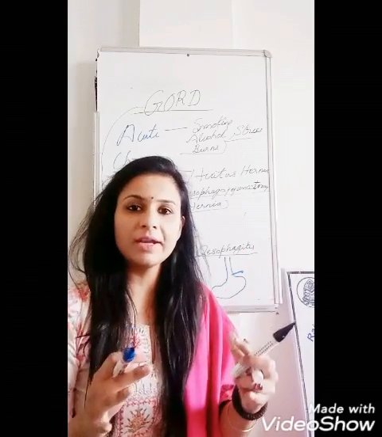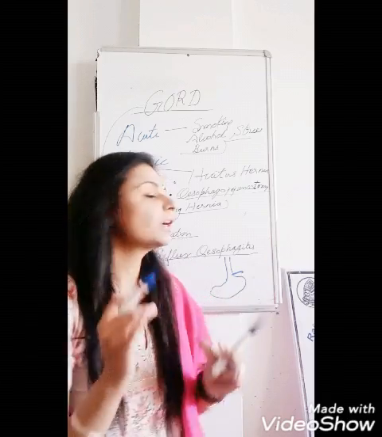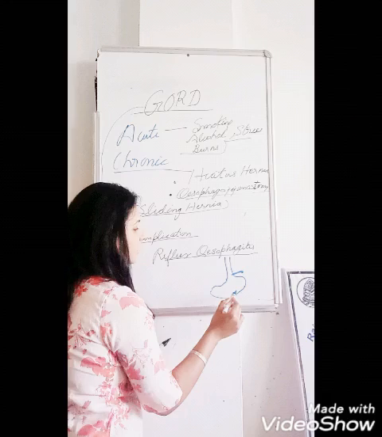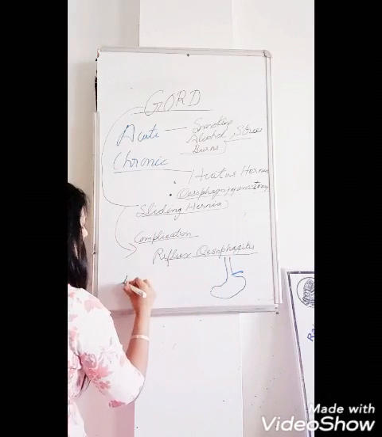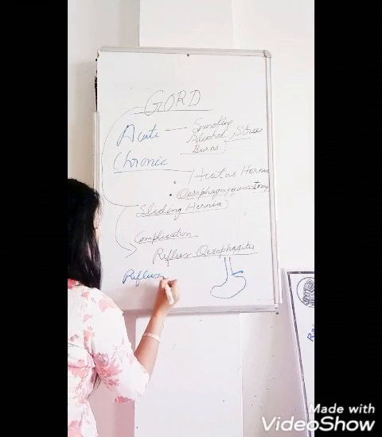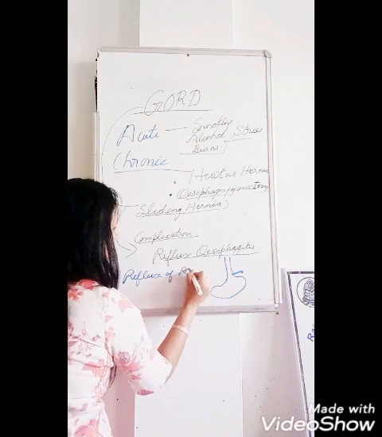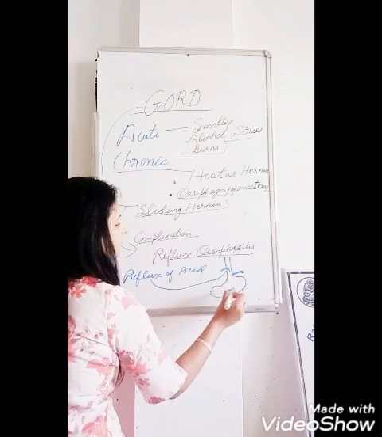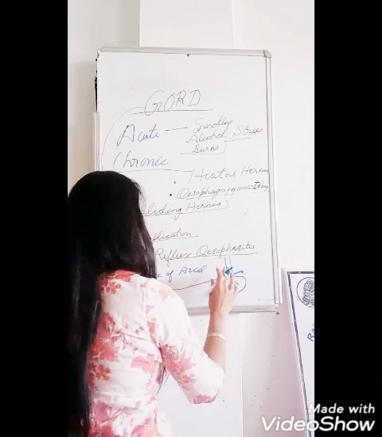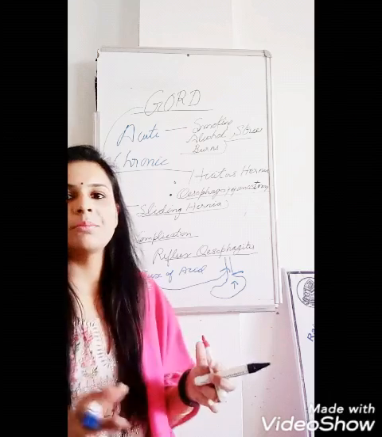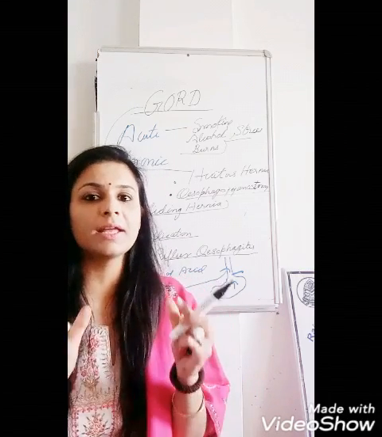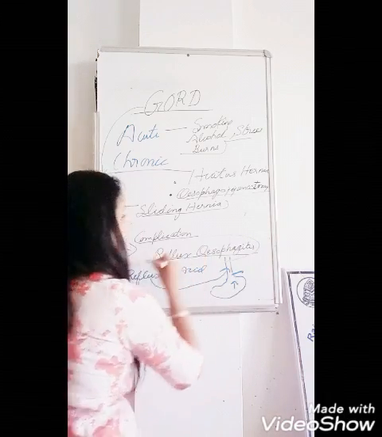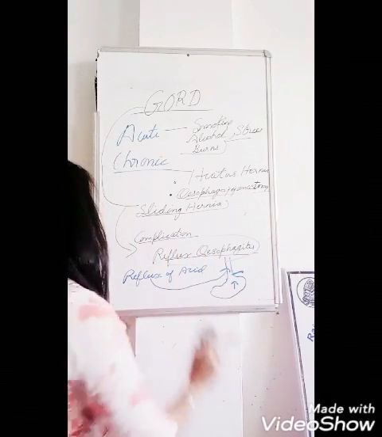Now the contents, the acid of the stomach, will reflux back into the esophagus. That will cause multiple ulcer formation and extensive inflammation. This condition is known as reflux esophagitis.